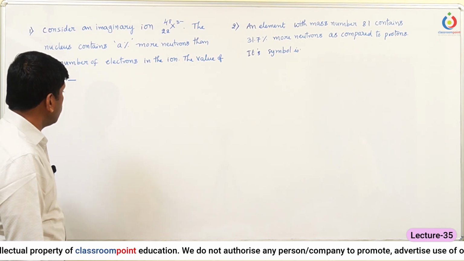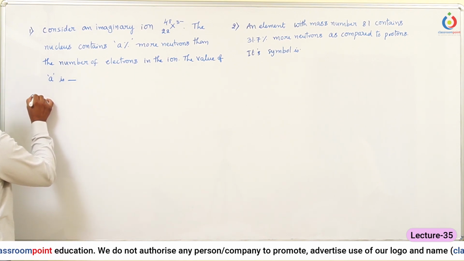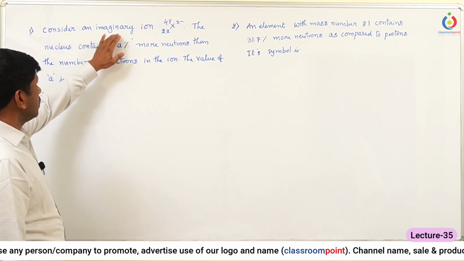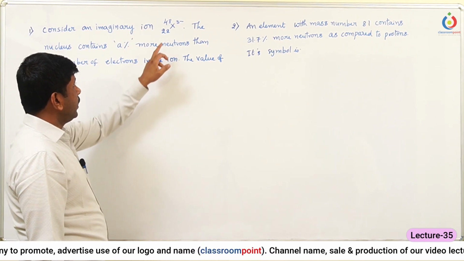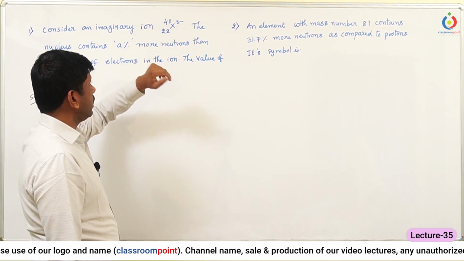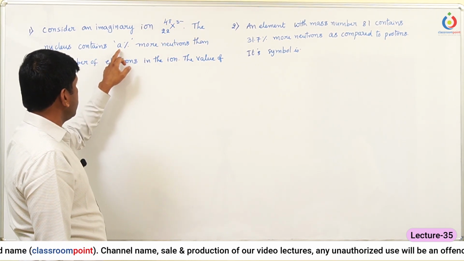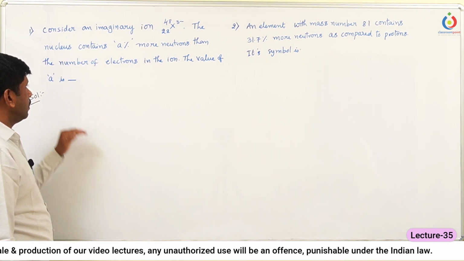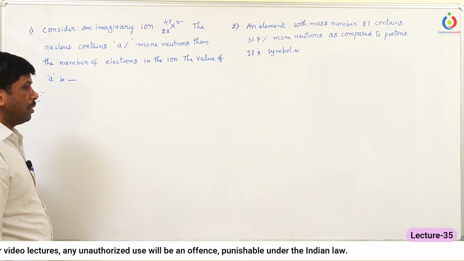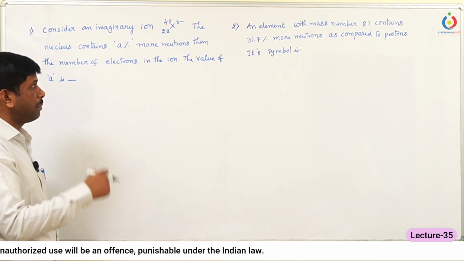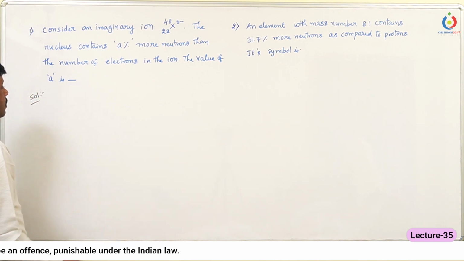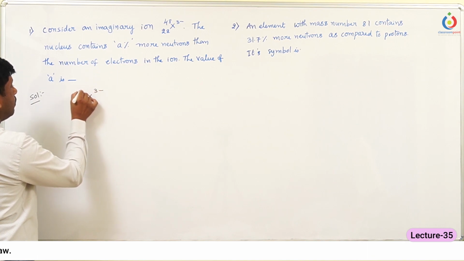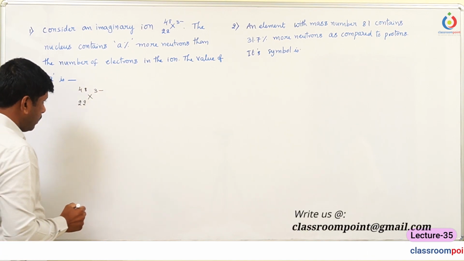So let us solve this question. The given question is, consider an imaginary ion 22X3-48. The nucleus contains A% more neutrons than the number of electrons in the ion. So what is the value of A? That means, what percentage of neutrons are extra compared to the electrons. So let us take this symbol once again, 22X3-48.